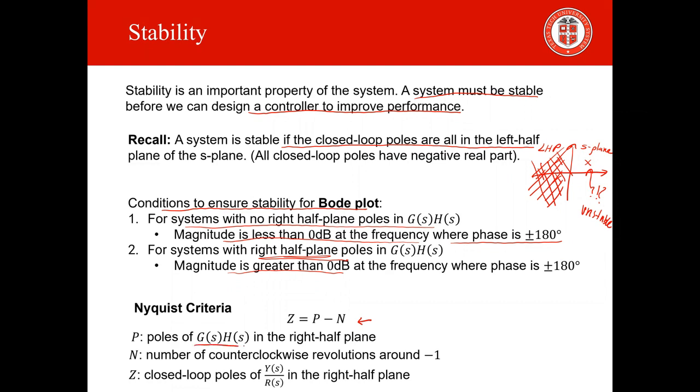P is the number of poles of G times S or G times H in the right half plane. N is the number of counterclockwise revolutions around -1 on our Nyquist diagram. Subtracting N from P gives us the number of closed loop poles in the right half plane. So this Nyquist criterion tells us whether a system is stable or not.